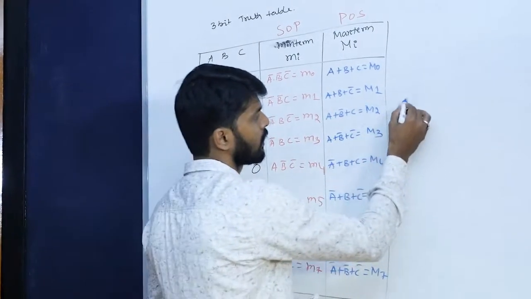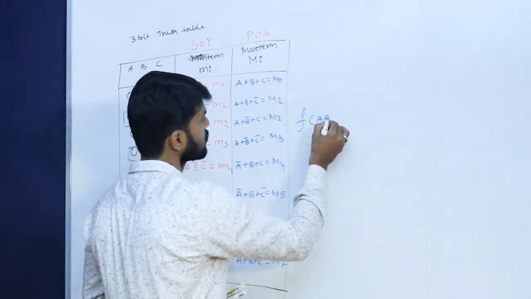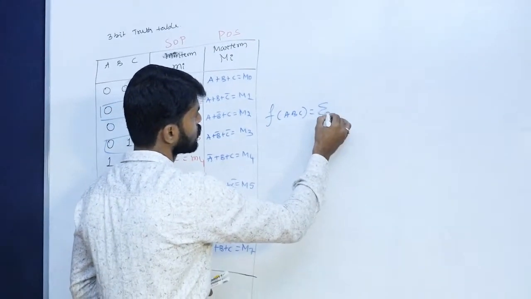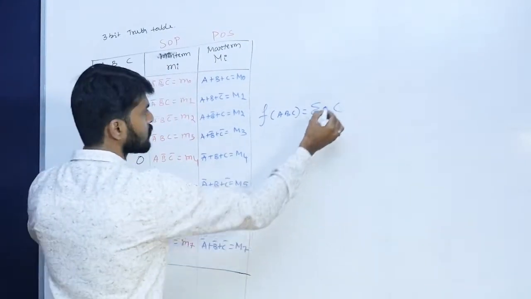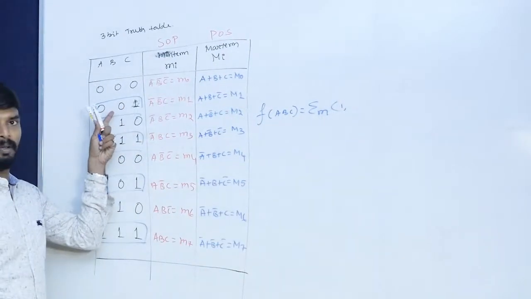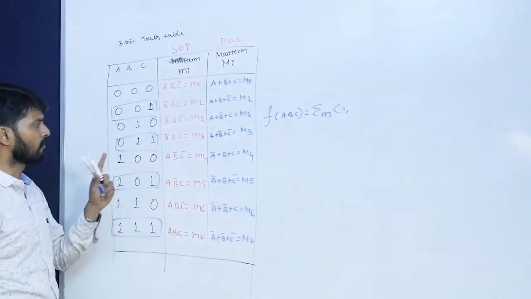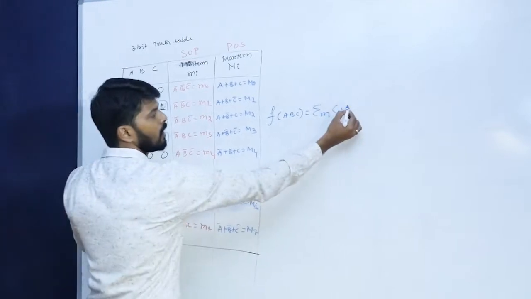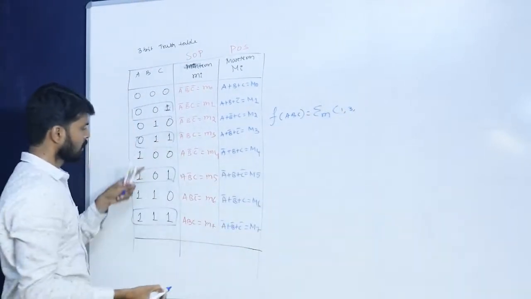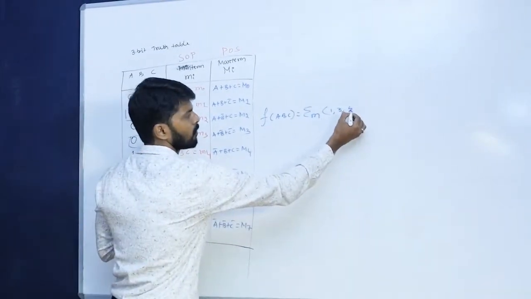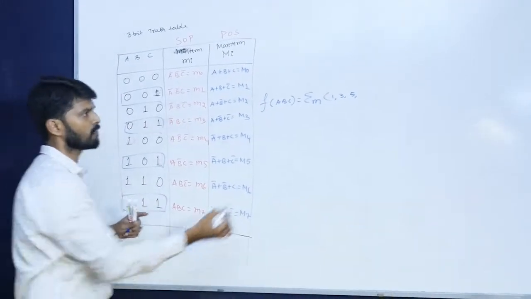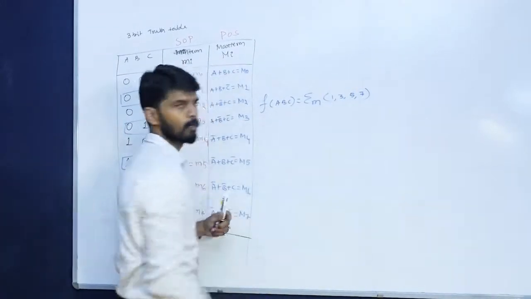I can represent that f of ABC is equal to summation of m of 1, 3, 5, 7. These are the terms I want in my final equation. So this is how we represent it.